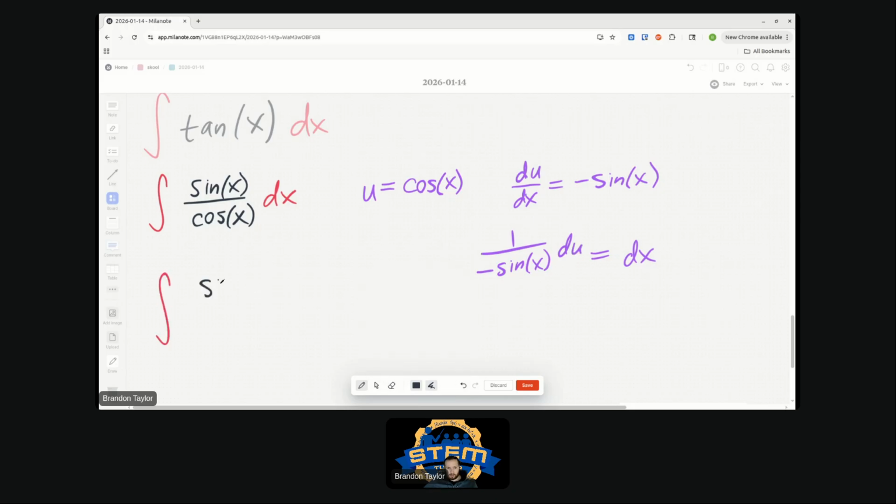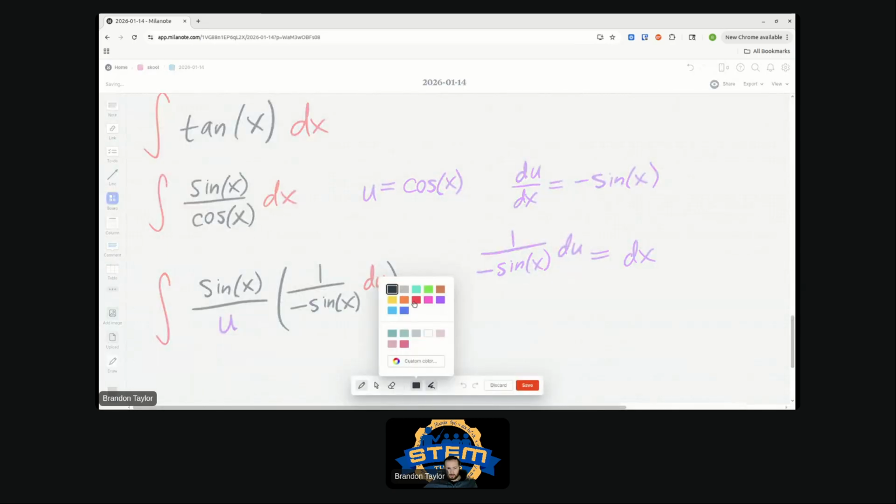So sine of x, leave that. Cosine, replace that with u. And dx, replace that with 1 over negative sine of x du. And if you think about it, the sine x cancel out. So now what do we get?